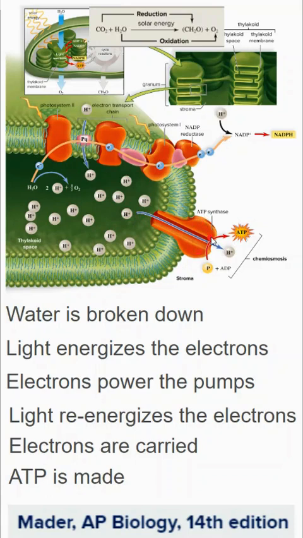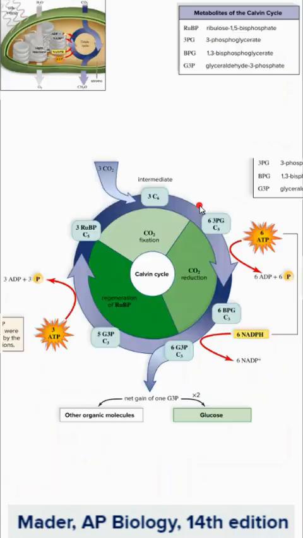And ATP synthase is an enzyme, although it is also a channel. This enzyme is going to help create ATP from ADP and a free phosphate. This ATP and NADPH then gets transferred to the Calvin cycle.